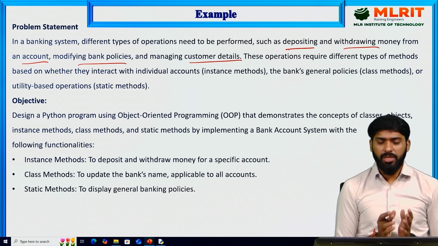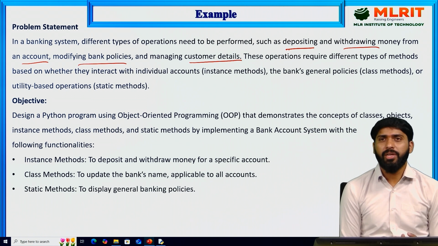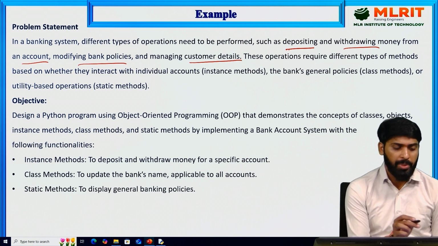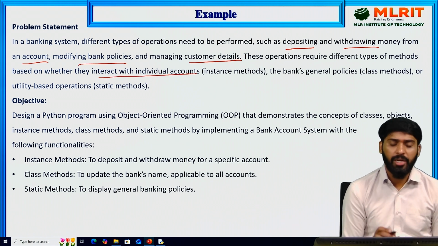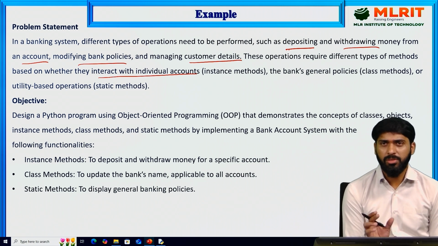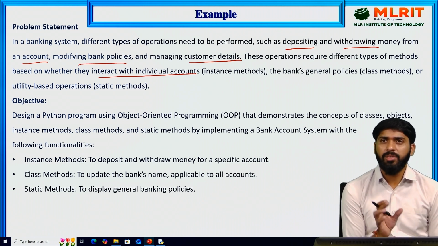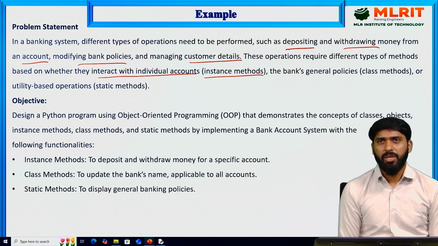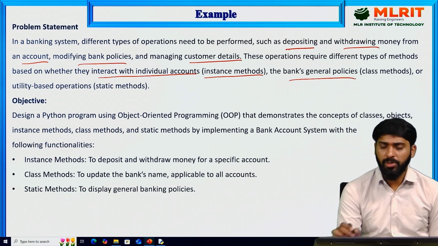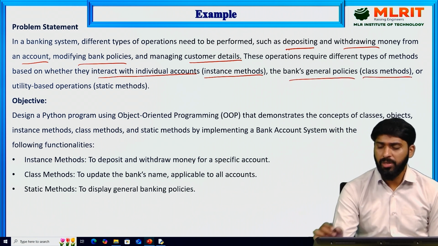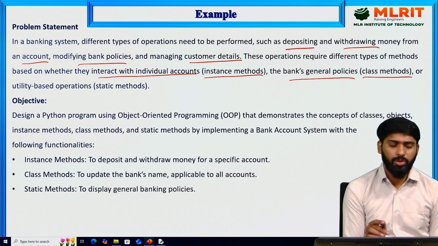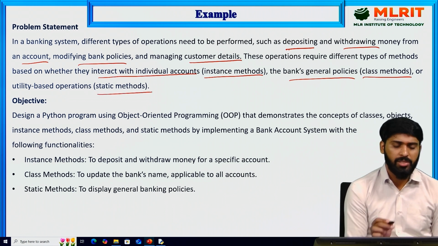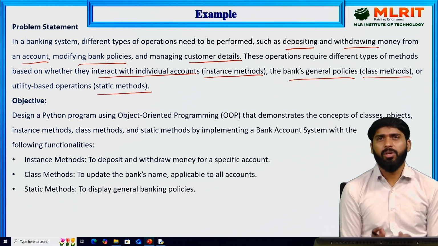These operations require different types of methods based on whether they interact with individual accounts. If it is interacting with the individual accounts, then we define that as an instance method. If it is general bank policies, then we define it with the help of class methods. Or if it is a utility based operation, then we define it as a static method. I hope you all understand.